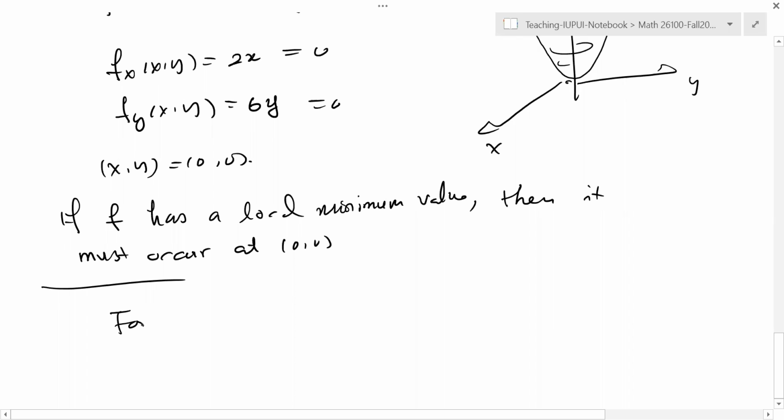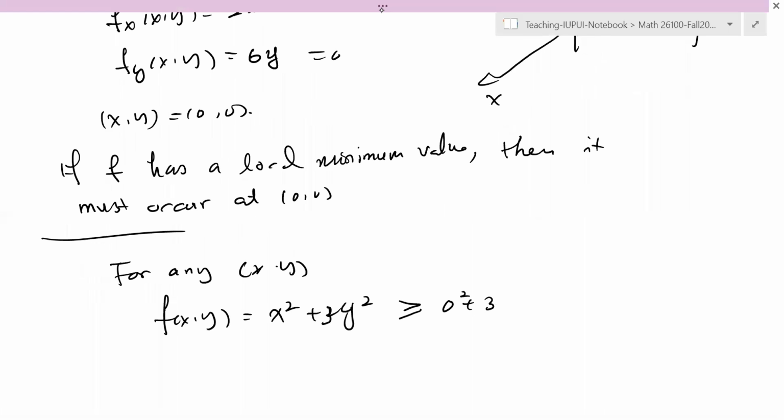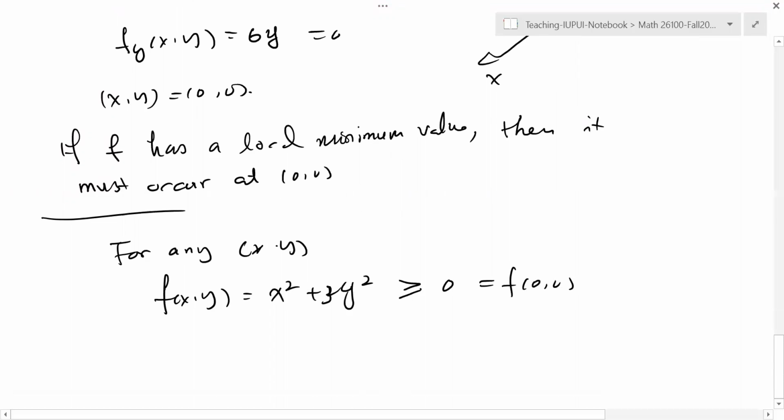For any x and y, the value of the function is x squared plus 3y squared. Clearly this is always greater than or equal to 0, which is the value of the function at (0, 0). If one of x and y is not 0, it is strictly greater than 0.